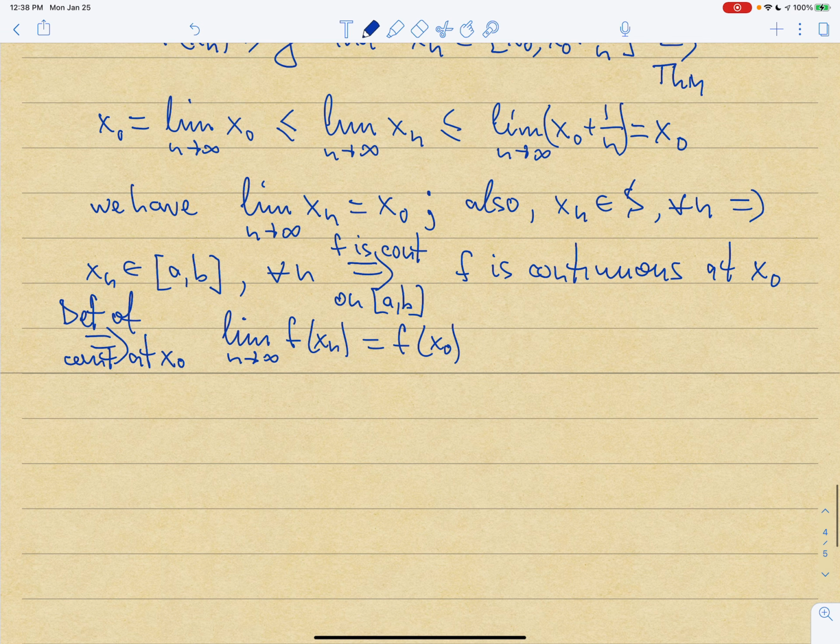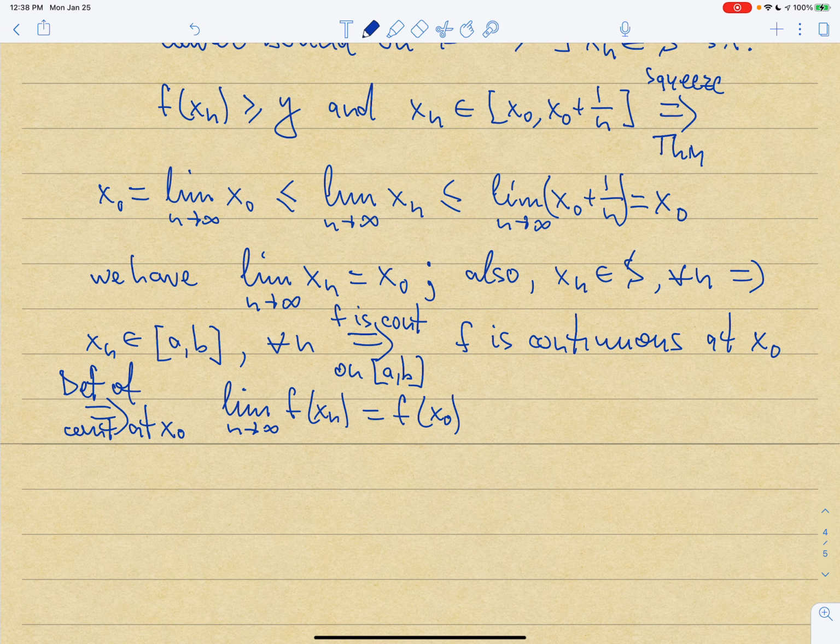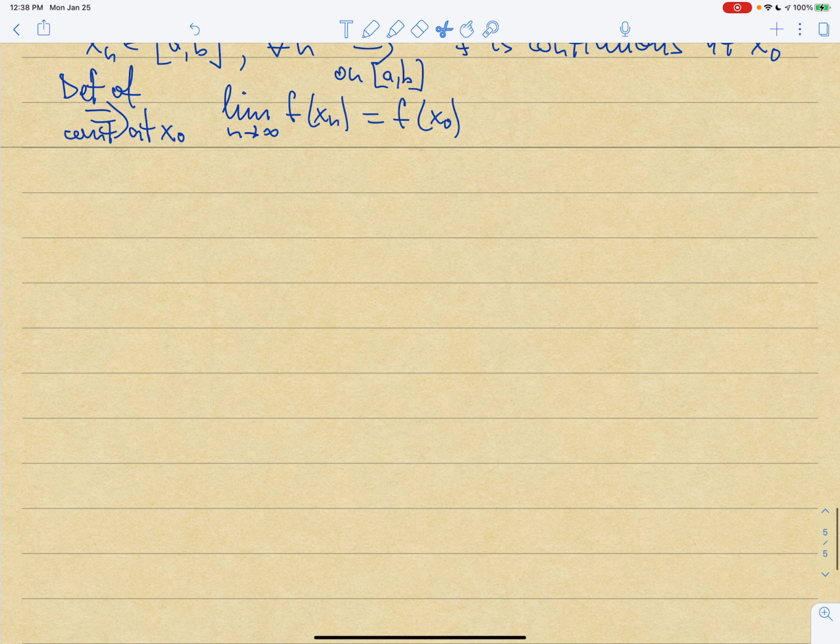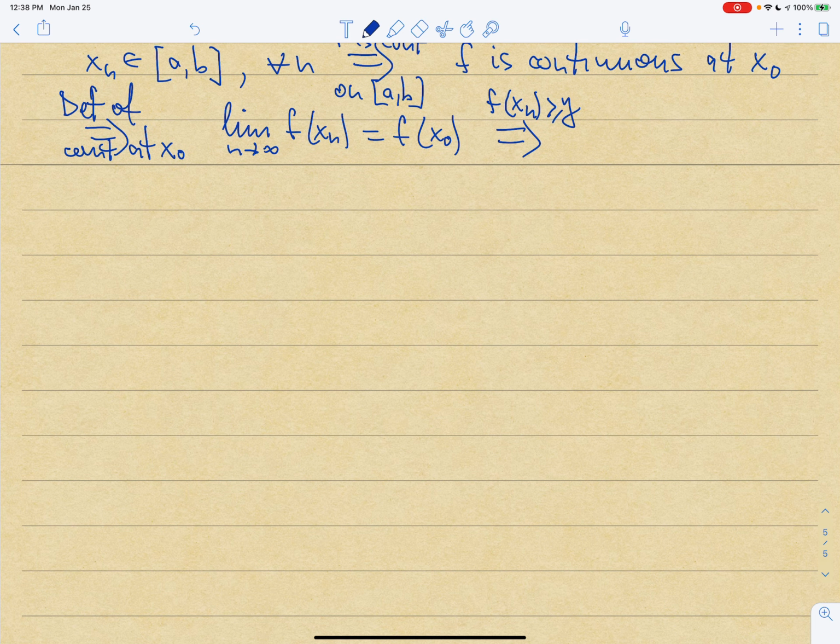But we said that f of xn is greater or equal than y for all n, so that means that the limit on the left is going to be greater or equal than y, and so therefore f of x0 must be greater or equal than y.